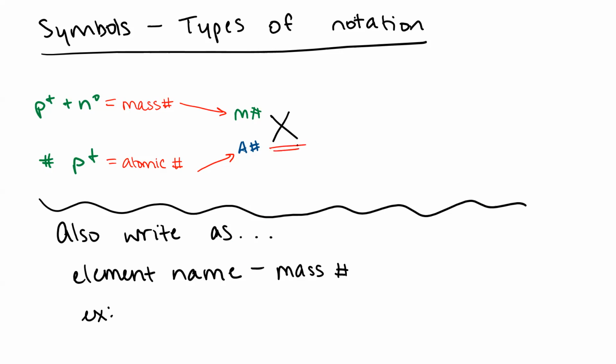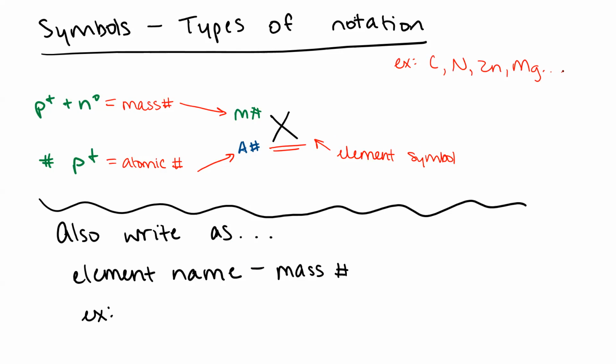And this right here is our element symbol. When you look at the periodic table, it's not the full name. Examples would be C for carbon, N for nitrogen, Zn for zinc, Mg for magnesium, so on and so forth.